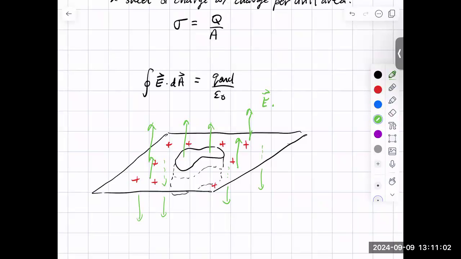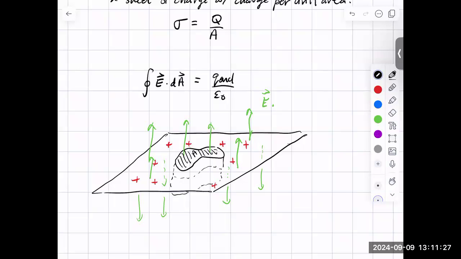The way we would do this is we would say that our Gaussian surface has a certain area A, and the way we define the direction of the area is it's perpendicular to the surface. So it's pointing up from this top plate. And so that means our dA and our electric field are parallel.